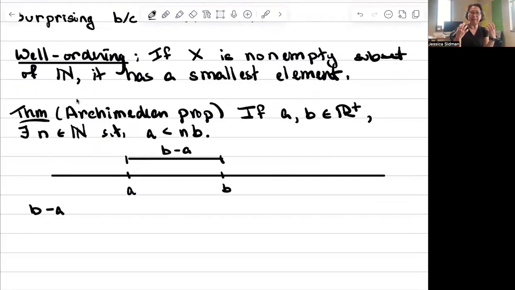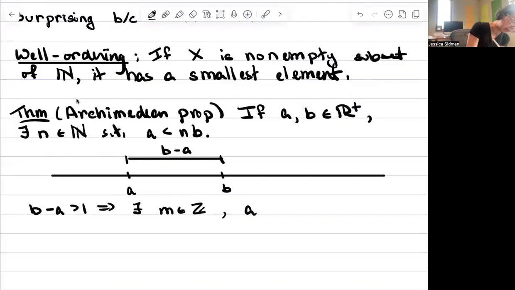And the idea is that if b minus a is bigger than 1, then there has to be an integer in between them. That is going to imply that there exists an integer m in between them. And if b minus a is not bigger than 1, I'm going to use the Archimedean principle to find a natural number n.